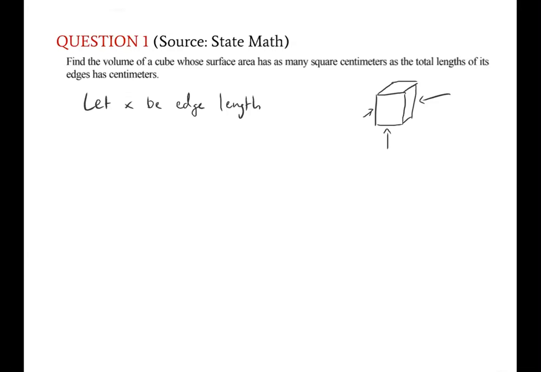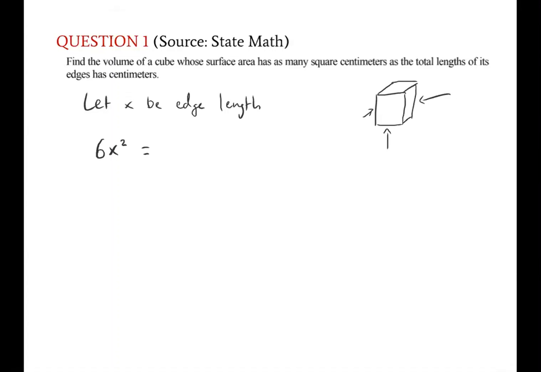So the surface area of the cube can be written as 6 times x squared, and that will be equal to the total lengths of all the edges.